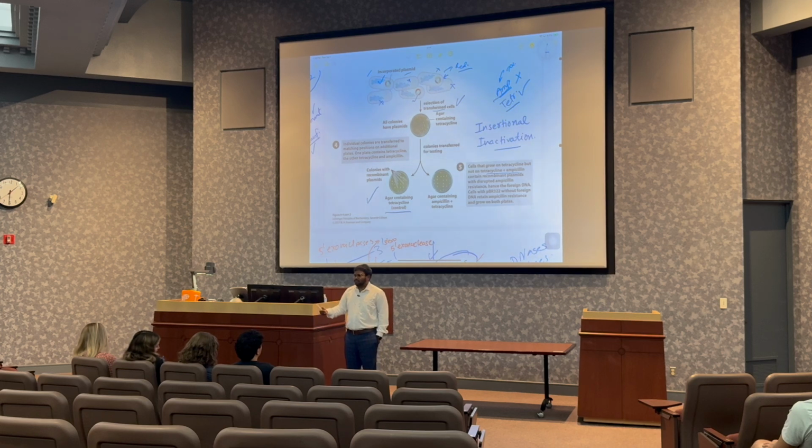If they do not have that foreign piece of DNA, that means their ampicillin gene is still intact and they are ampicillin resistant. That's why you can see a few colonies, because of the bacteria which did not take up the foreign DNA. That's why you see a few colonies even if you have combined ampicillin and tetracycline.